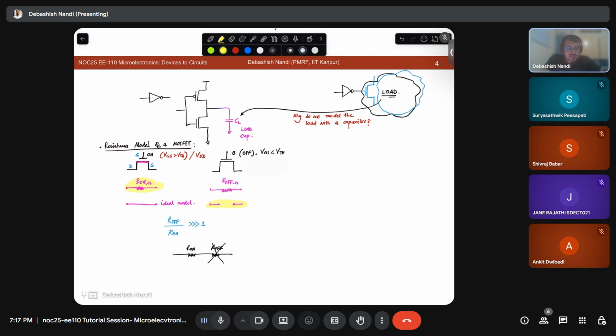So that is the case for an NMOS. Fine. So by the way, can you tell me why do I have this R off? R off is not infinity. Why do I have that? I had discussed this in a couple of sessions back.